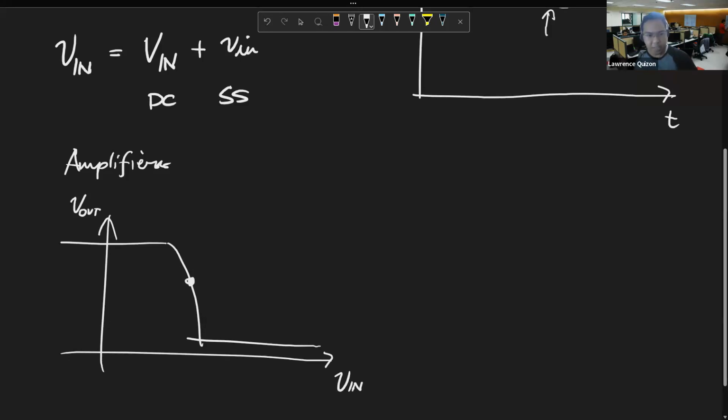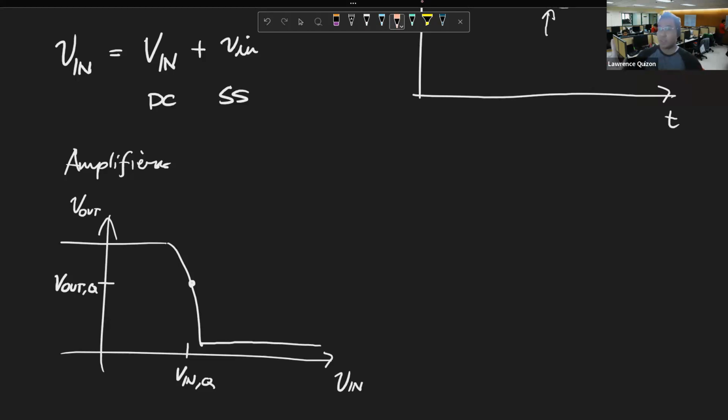So if we bias it at a specific V in, no? The quiescent V in that we choose and the quiescent V out that we choose, then yun yung middle, no? That's the quiescent point, right? And this is what midterms will be about, no? Trying to find what the quiescent point is, no?